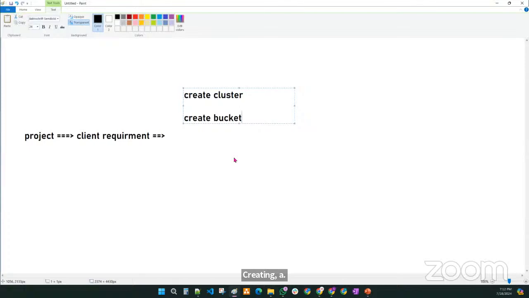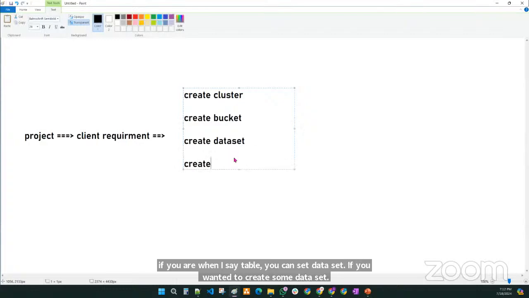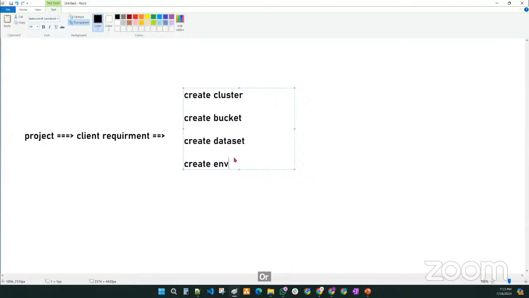If you want to create a cluster for data processing, or a bucket for storing some data, or some table, or when I say table, you can say dataset, or tomorrow an environment for Airflow.